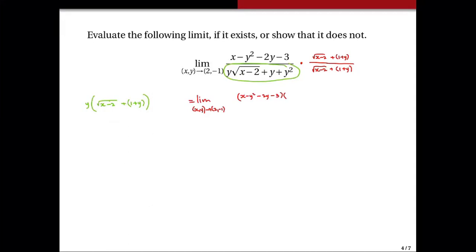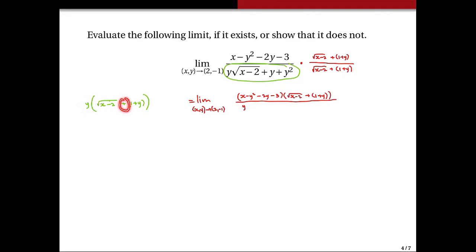And then here we have the expression √(x - 2) + 1 + y. On the denominator, remember that we have factored y in here. There is a comment, and that's correct.